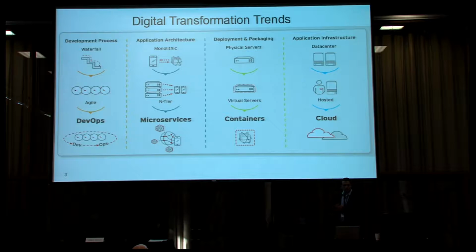Then we started looking at the application architecture model and what improvements can be made there. We start with the monolithic model. This is where maybe your hardware and your software are coming up as a bundle, your black boxes. Then the application got broken down into much more of an n-tier or a distributed model.